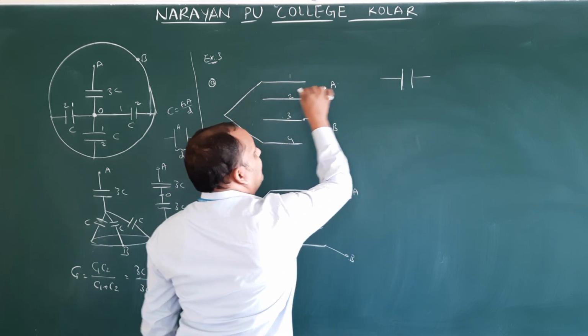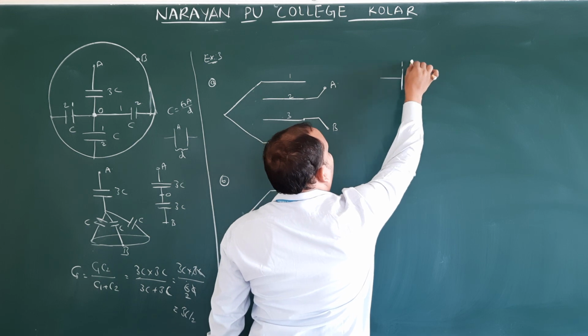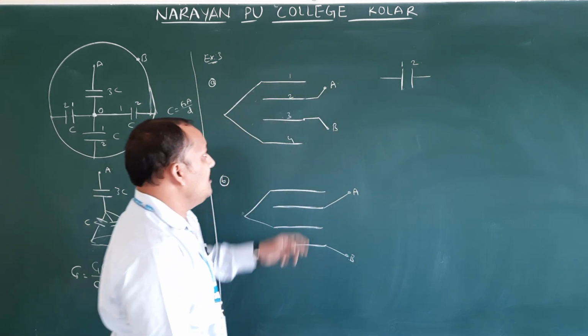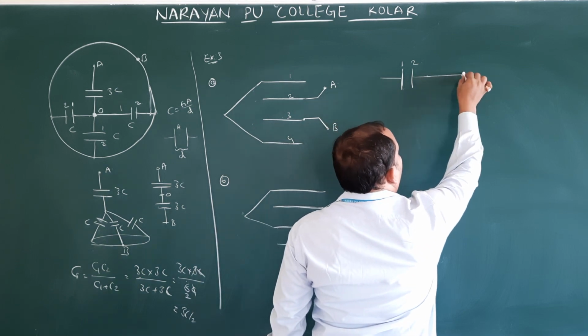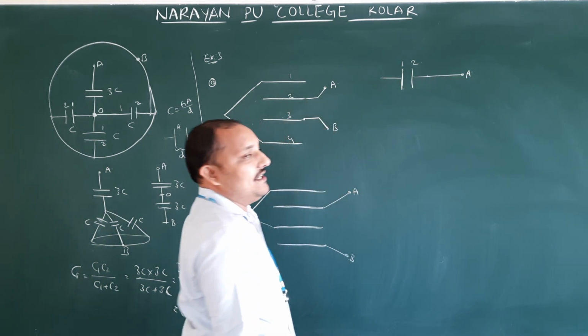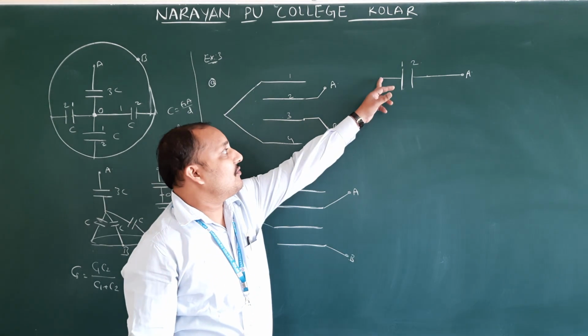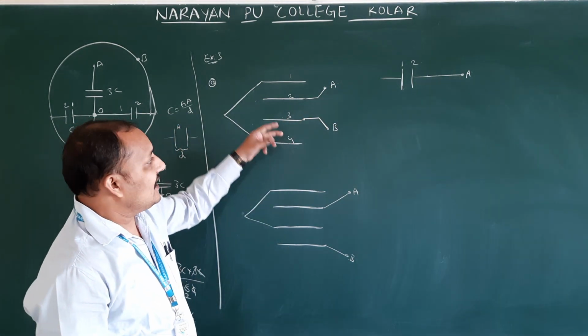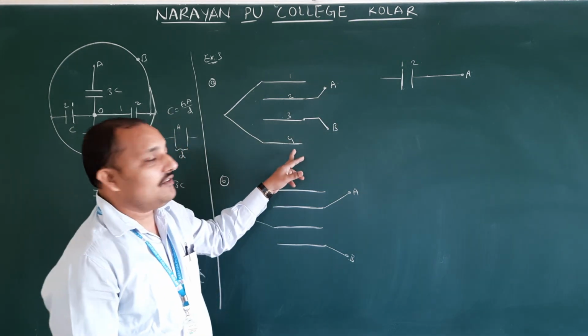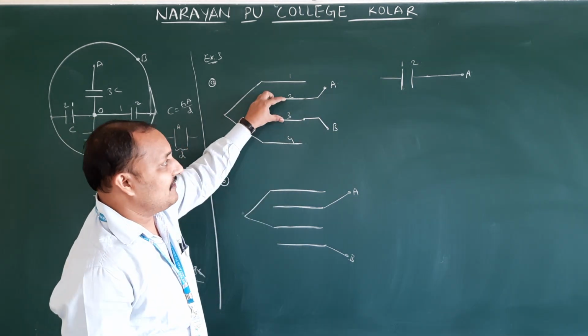This is one capacitor, 1, 2, that is our wish. So 2 is connecting to A. Now this terminal is going to A. Where is 1 going? 1 is connecting to 4. So either you can take 3, 4, otherwise leave 1; we have to connect it to 4. Remember that one. Next we will take 2, 3.